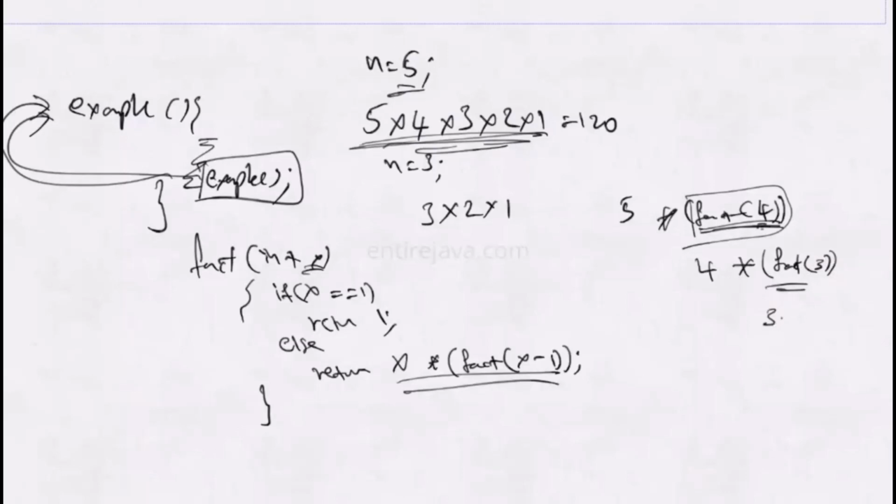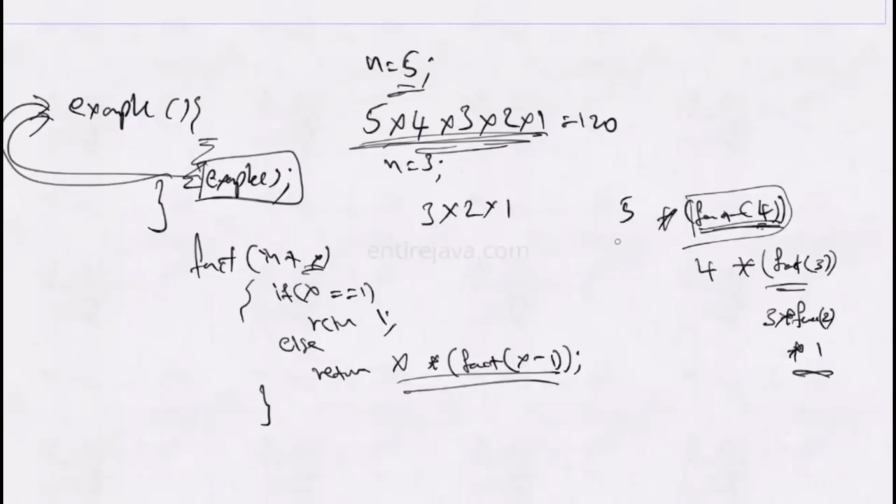Again, 3 multiplied by factorial of 2. It keeps going until the value is 1. Once we hit the number 1, we're not calling this method anymore.